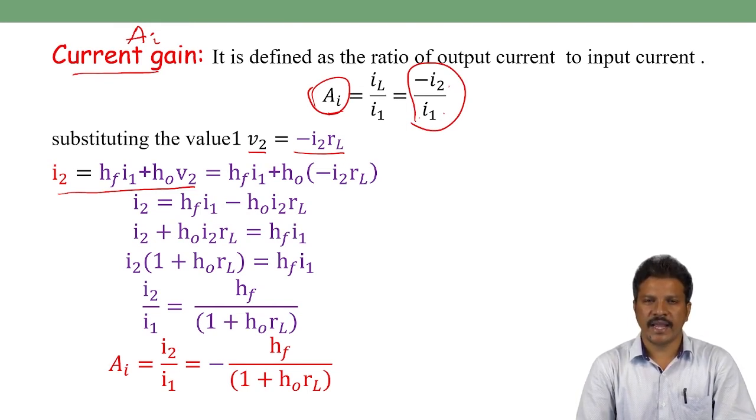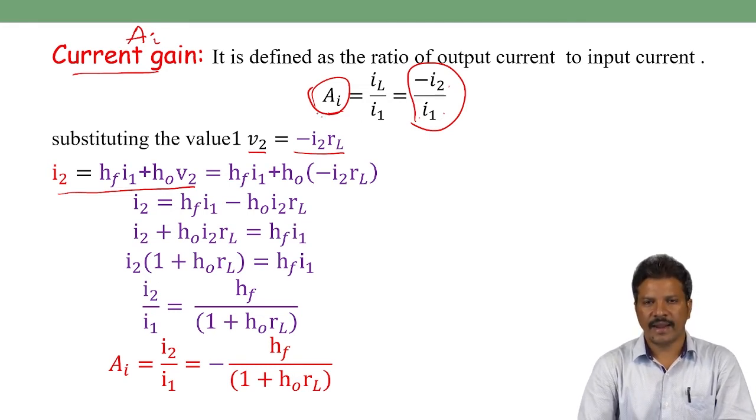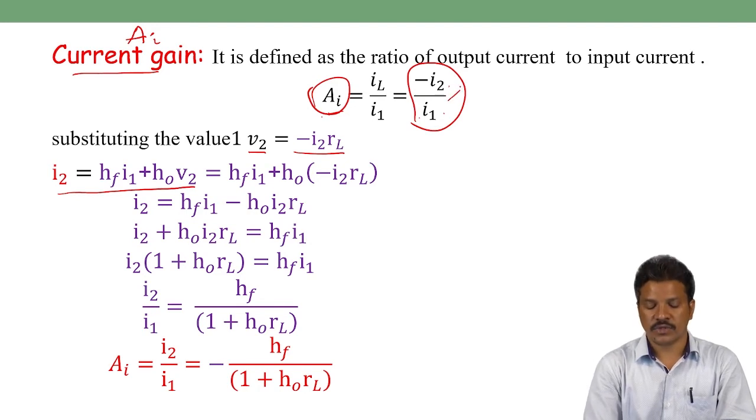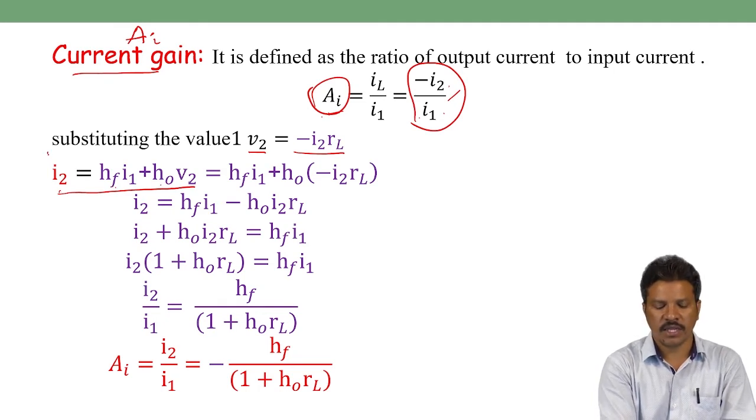What is the idea behind which equation we can apply, whether it is equation V1 or equation I2? By seeing these equations, in order to find the current gain AI, which is related with I2 and I1, in the second equation, I2 is equal to HF I1 plus H0 V2. So there is one I2 term and I1 term.